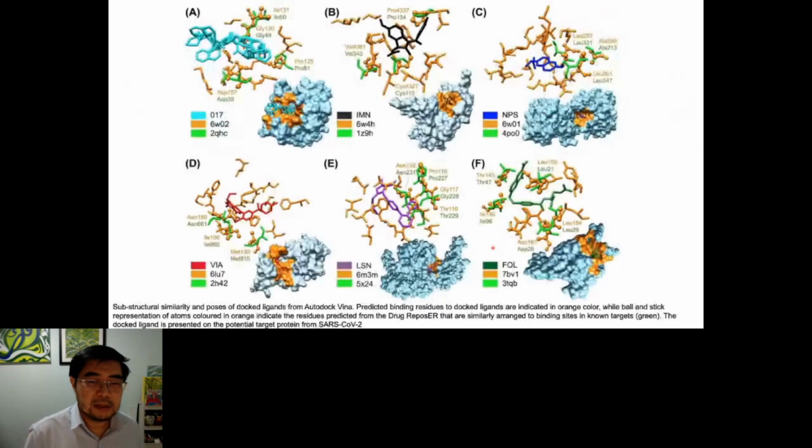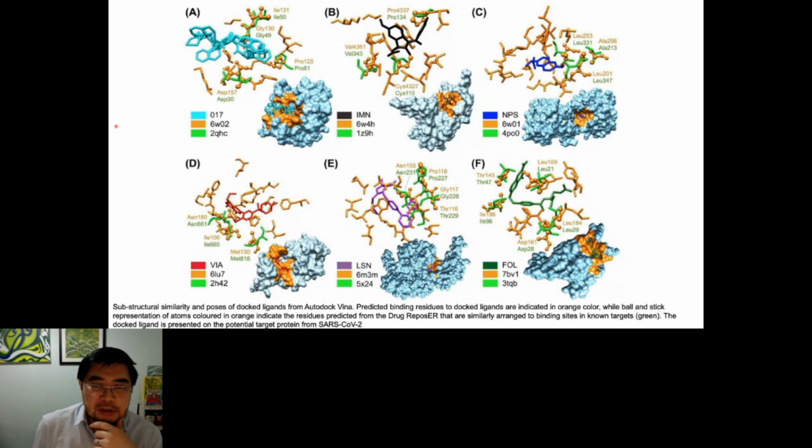So in effect, what this allows us to do is carry out drug repositioning, where we're able to explore whether an existing compound can bind to an alternative site that may come from a protein that has a totally different fold and may be unrelated to the original target for that drug compound. And this is an example of what we did for the COVID-19 structures that are available in the PDB.